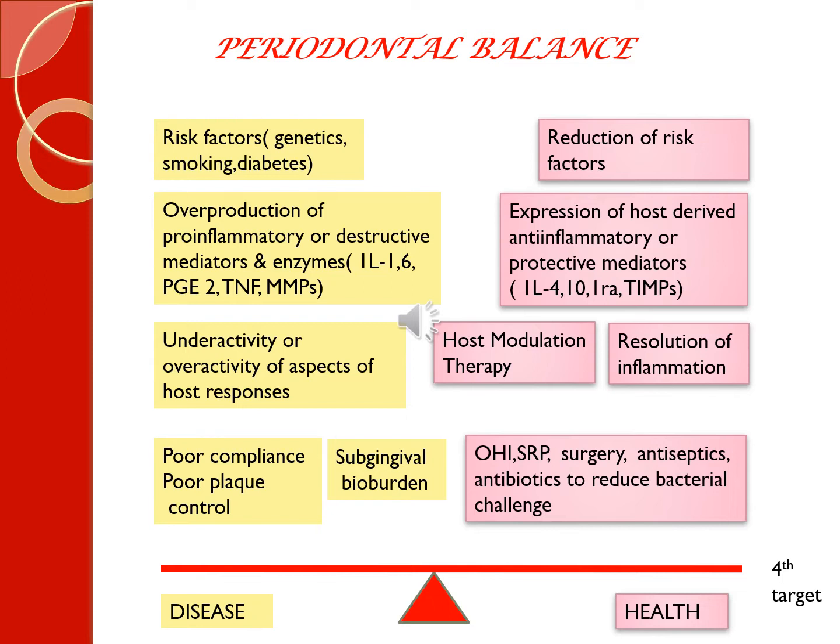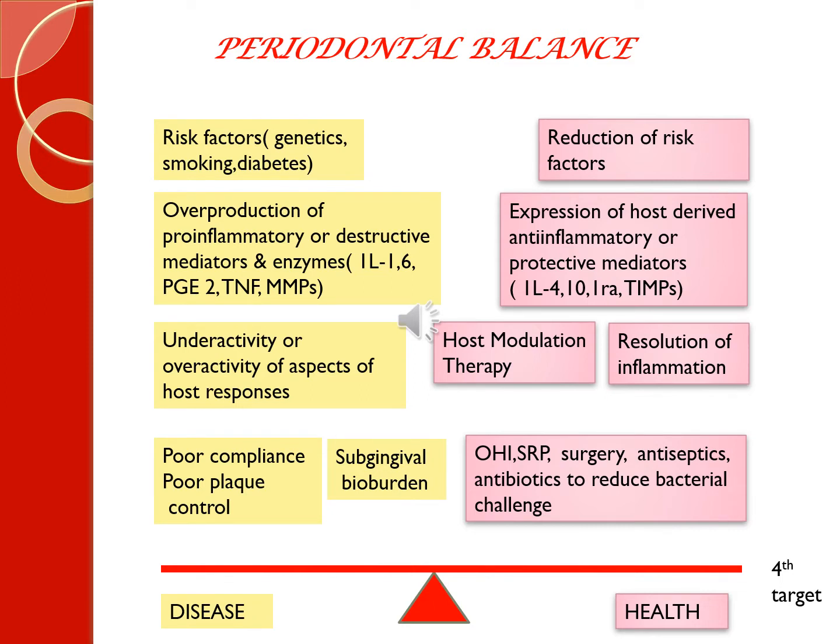Expression of host anti-inflammatory or protective mediators. That is, you give some protective mediators against the cytokines. That is, you want to stop the action of cytokines by giving some anti-inflammatory or protective mediators, mainly your interleukin 4, interleukin 10, interleukin 1 receptor RA, and tissue inhibitors of matrix metalloproteinases, which are otherwise termed as TIMPs.